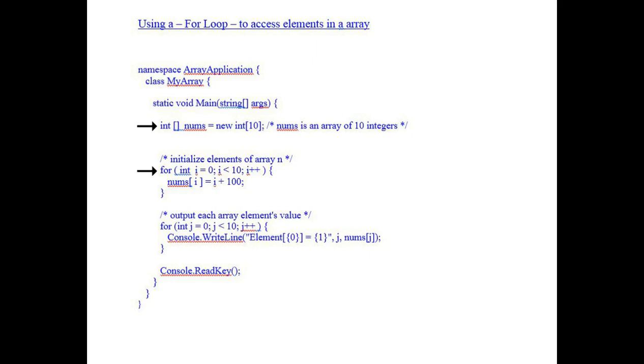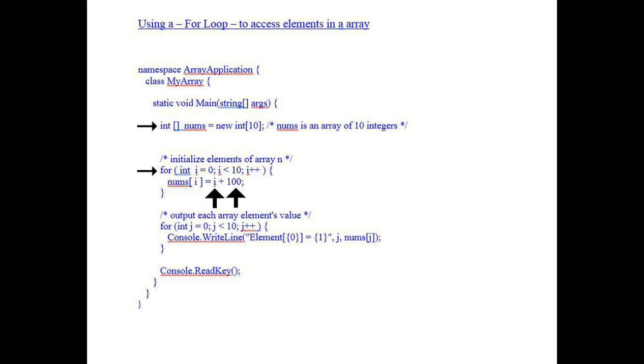So we are saying as long as I is less than 10, then iterate over this for loop. And the values that we are inserting into the nums array is basically the value of I plus 100. So on the first part of this loop, I will be 0, so it will be 0 plus 100, which equals 100.